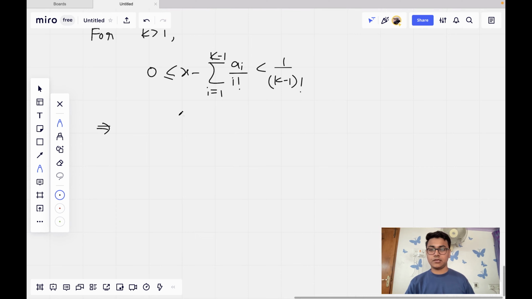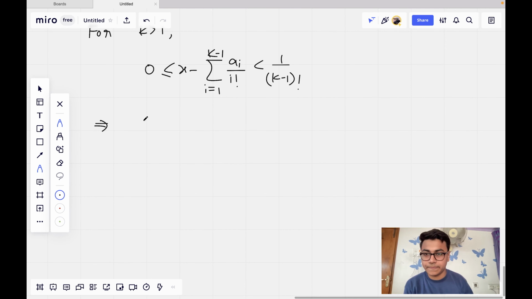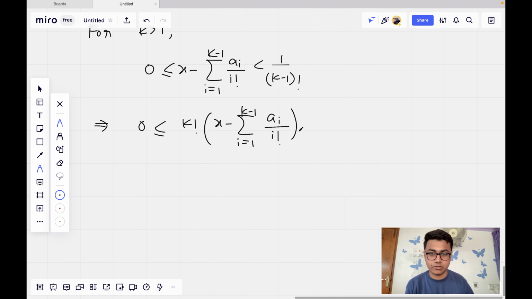Multiplying both sides with k factorial, we get this is less than or equal to k factorial times x minus the summation as i goes from 1 to k minus 1 of a_i by i factorial. This is k factorial by (k-1) factorial, which equals k.